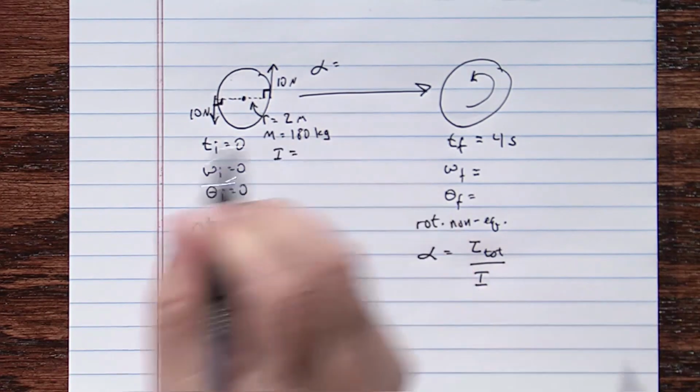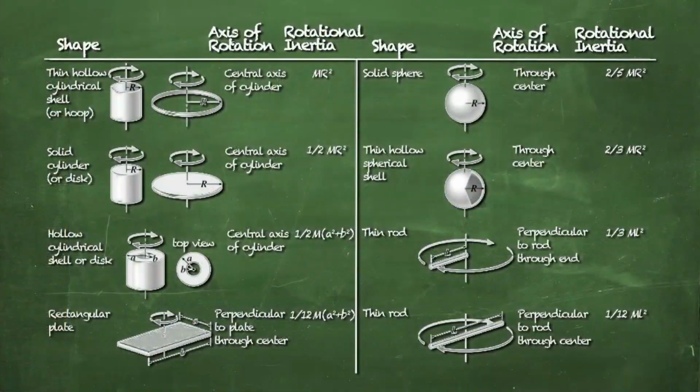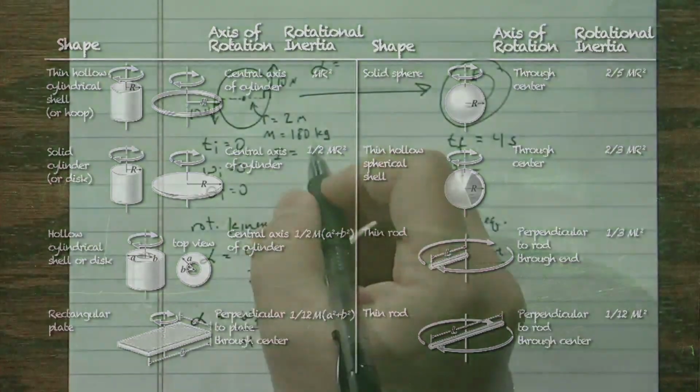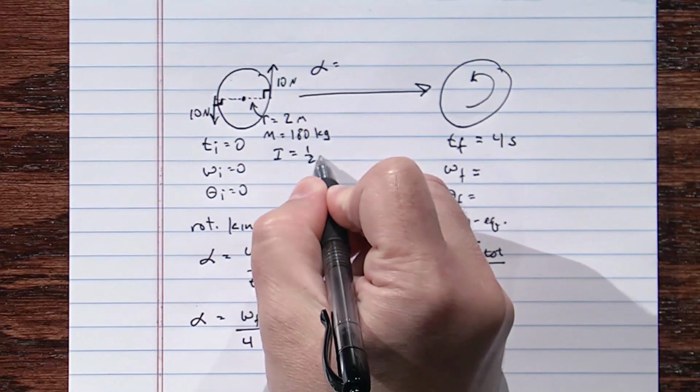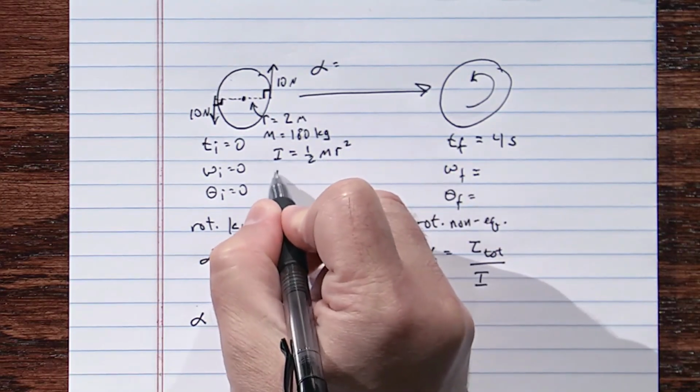Rotational inertia is equal to, well, what do we have? A merry-go-round would be a solid disk, so we look on our table of rotational inertia, and we see that for a solid disk, the rotational inertia is equal to 1/2 mass times the radius squared.